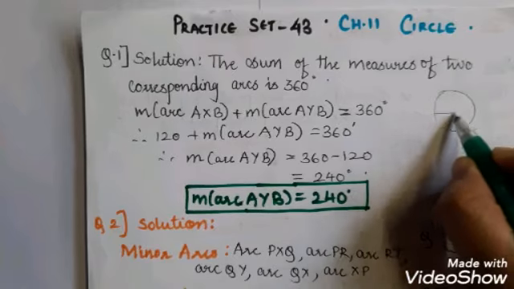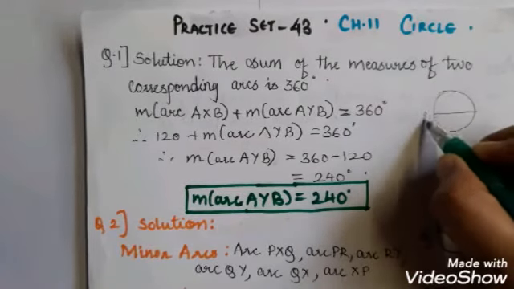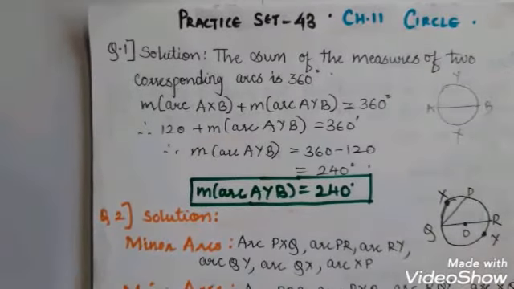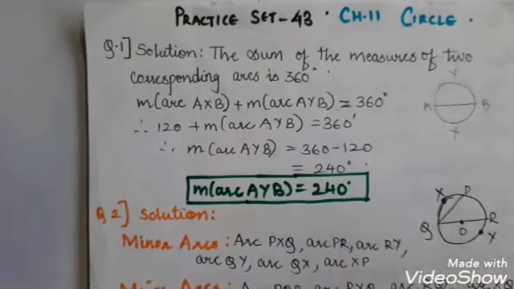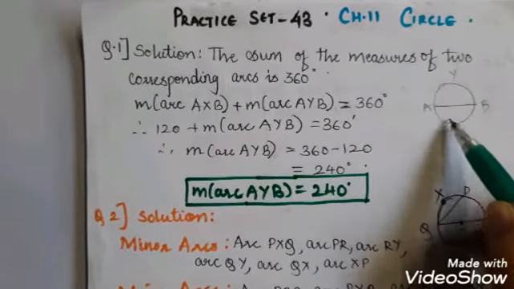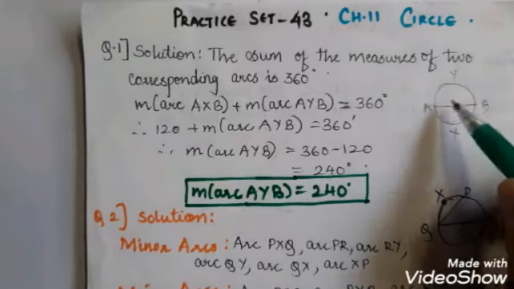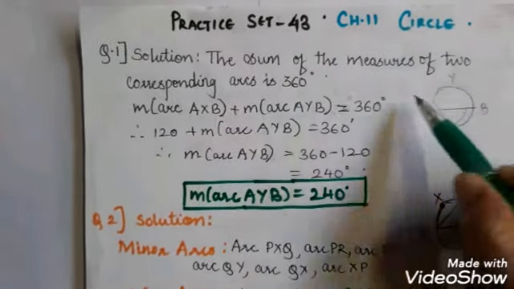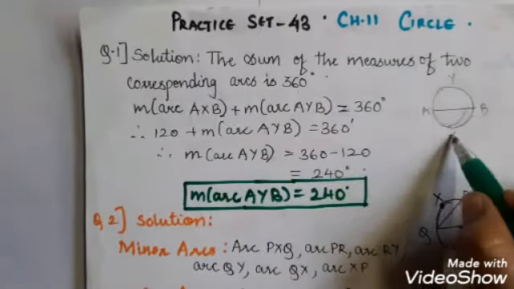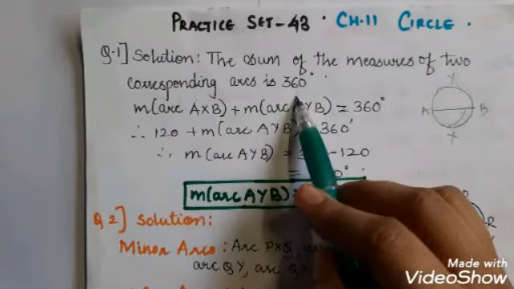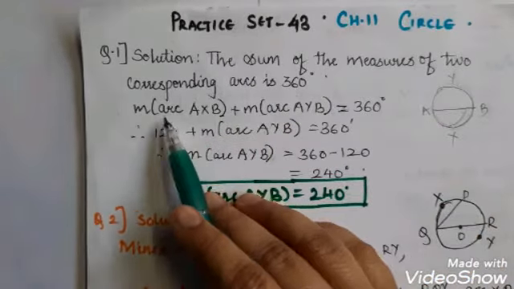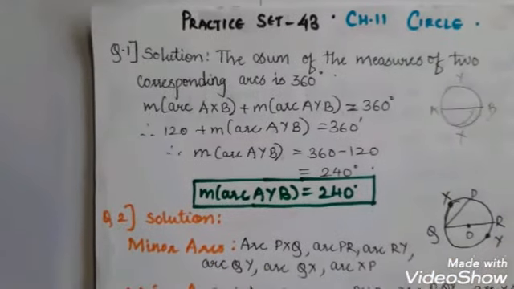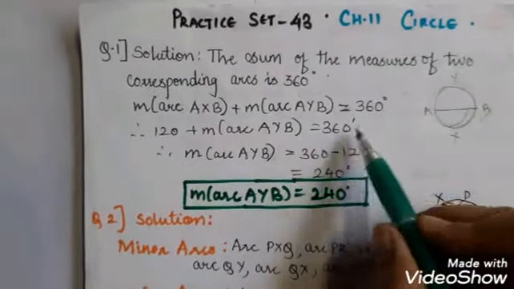Now in the circle there are two arcs, one is arc AXB, another one is arc AYB. Now measure of arc AXB is 120 degree. When I add these two arcs, I get a complete circle, and we have seen the sum of measures of two corresponding arcs in the circle is 360 degree. So measure of arc AXB plus measure of arc AYB is equal to 360 degree.